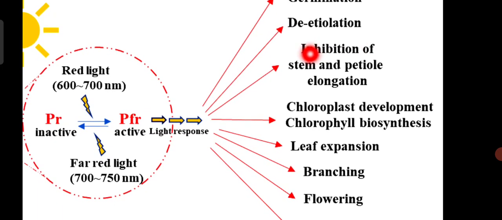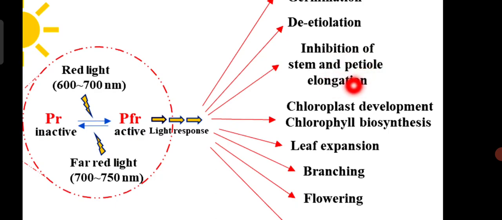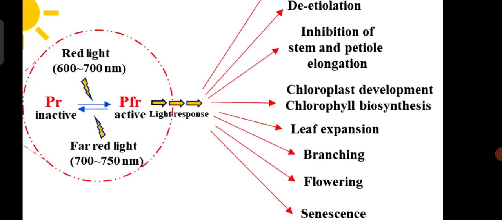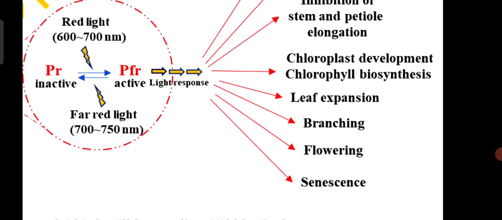Then inhibition of stem and petiole elongation, isn't it? तो स्टेम और पिटियोल का इलांगेशन ये भी फाइटोक्रोम के ही कंट्रोल में होता है. क्लोरोप्लास्ट डेवलपमेंट, isn't it? Chlorophyll biosynthesis, these are also important physiological reactions that are under the control of phytochrome, isn't it?